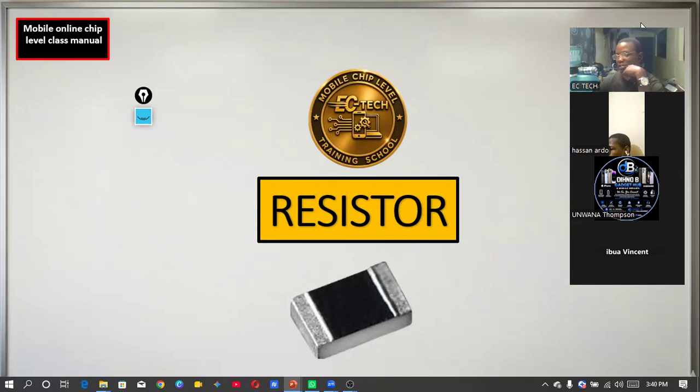Mr. Vincent, sir. I can say resistor is used to control voltage, like the resistor in the BG6 section for that charging error.